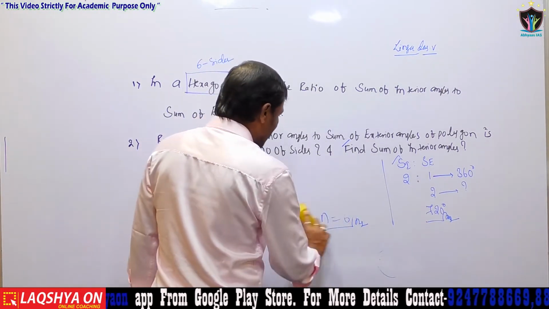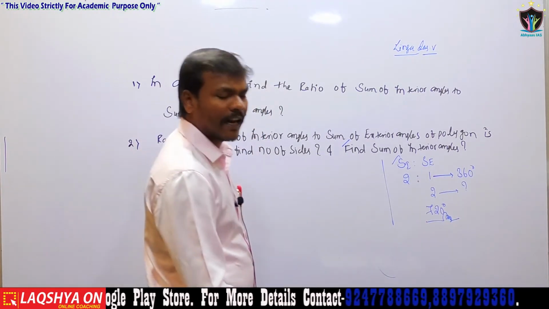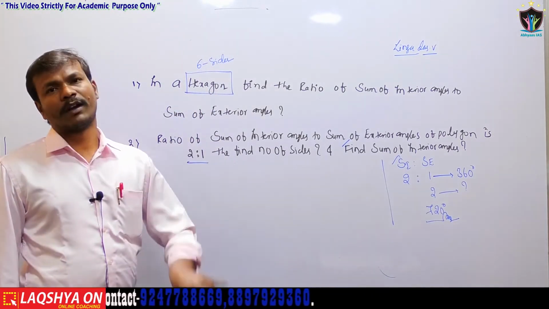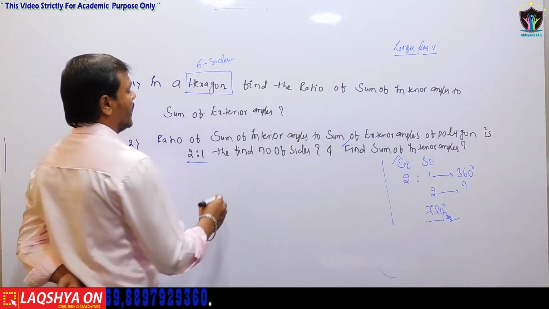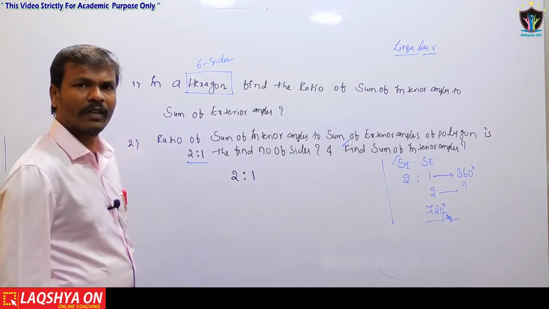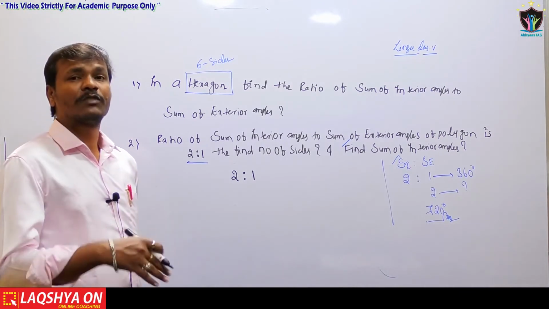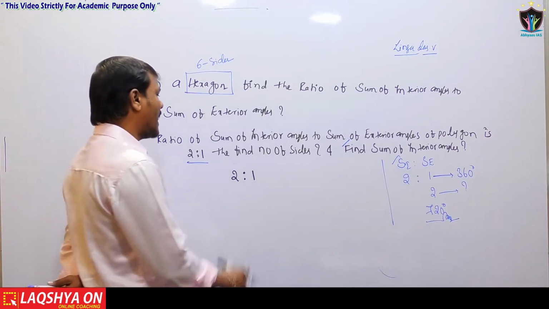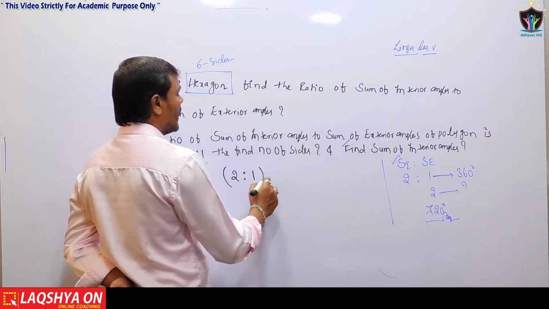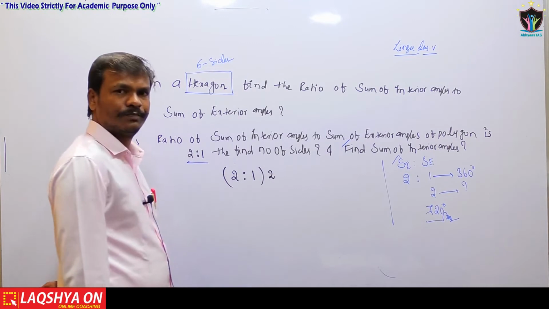So when the ratio of the sum of interior angles to the sum of exterior angles is given, we can easily find the number of sides of a polygon. How? You simply take the given ratio 2 is to 1. The exterior angle value should always be equal to 2. To make it 2, it is multiplied by 2.